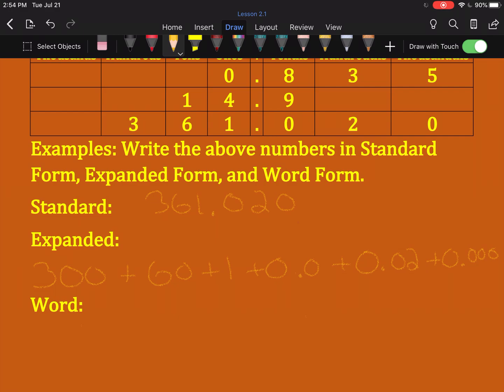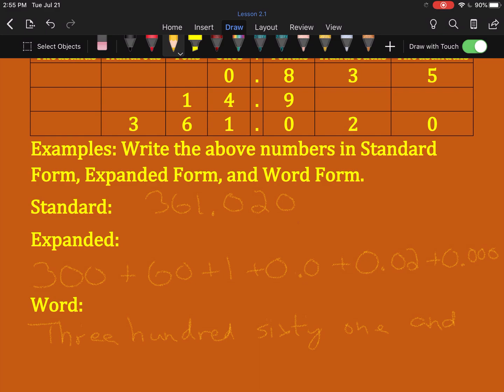Now, how do we write this out in word form? Everything to the left of the decimal point, easy: 361. So that's 361 and. Now we've got to look at how we're going to say the back half. Technically, it goes all the way to the thousandths position, so 020.